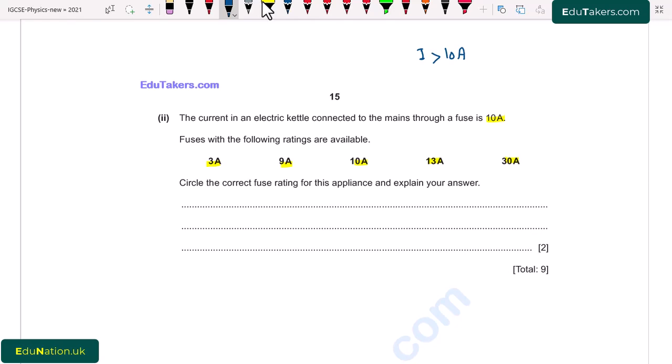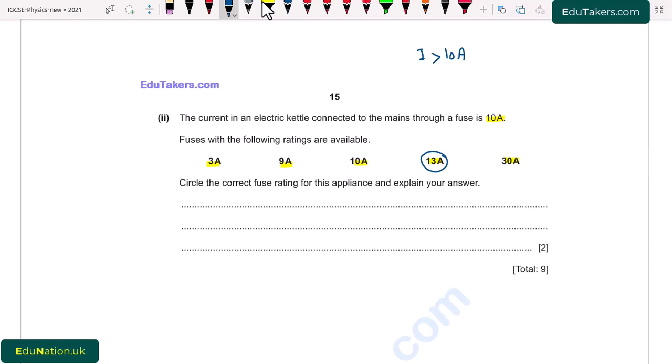So 3 ampere should not flow through the circuit. Similarly, 9 ampere cannot flow because it is less than 10. And 10 ampere is actually equal to 10 ampere, so it also cannot flow. And the nearest value to 10 is 13 ampere. So 13 ampere is the correct answer, because it is very close to 10 ampere.